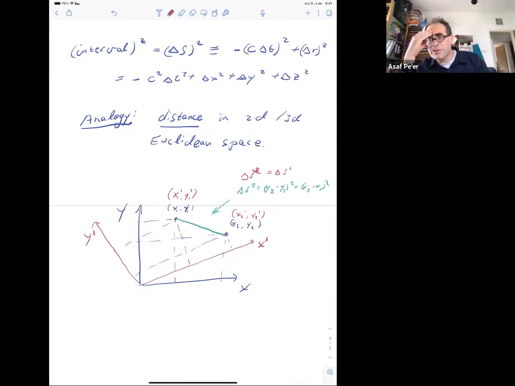Both observers would disagree on the coordinate of each individual point, but they would agree on the value of the distance between these two points, right?